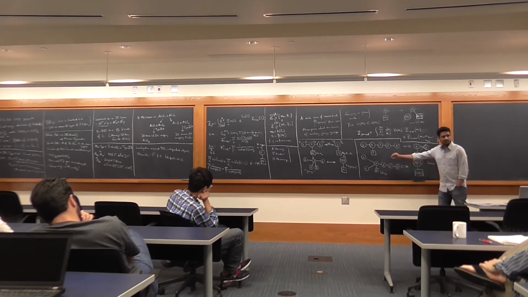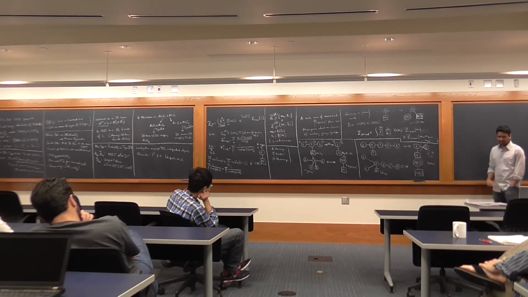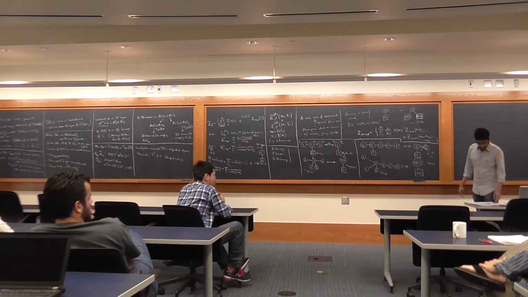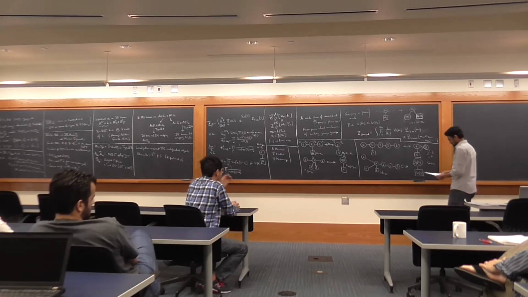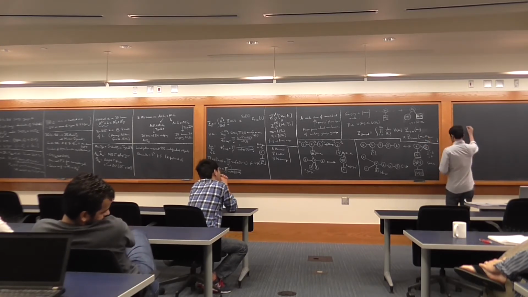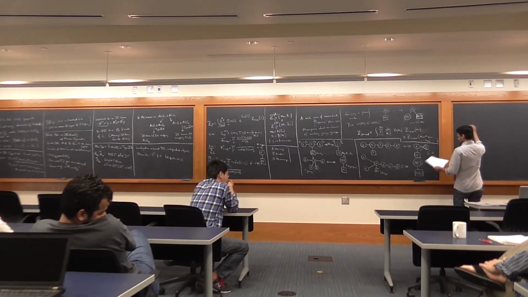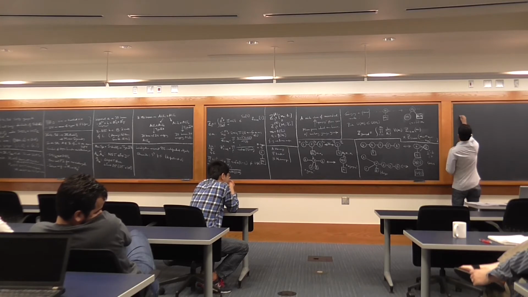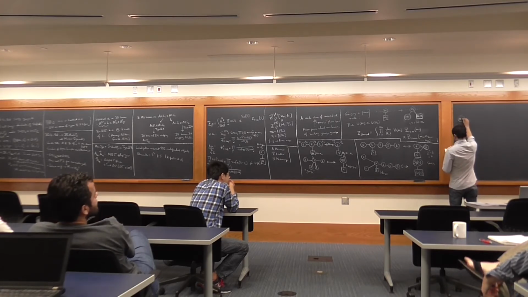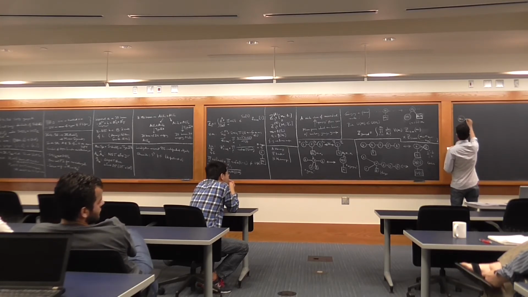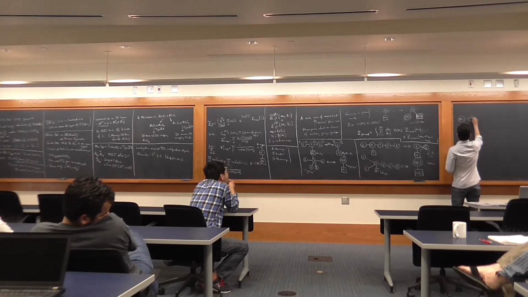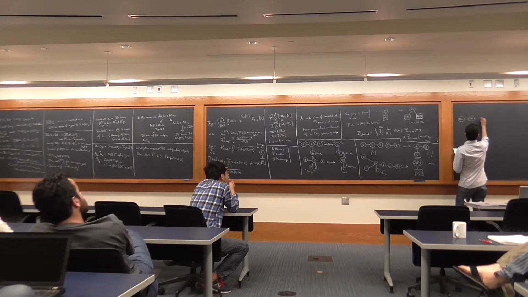But this you can rigorously check, and it's easy to generalize this to any SP NC with NF flavors. So what you do is you start from NC at the top.